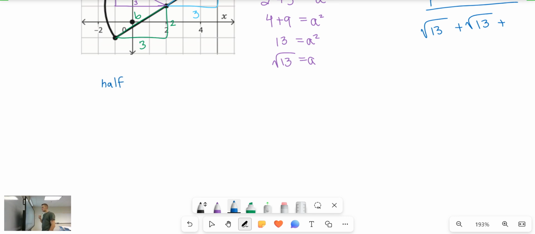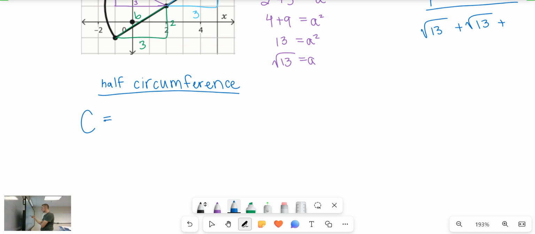What's the perimeter of a circle called? Anybody remember? Starts with a C. Circumference. Yep, so half circumference. So we have to figure this out as well. Normally the circumference equals, and this is a capital C, so it's different, so that's okay, right?